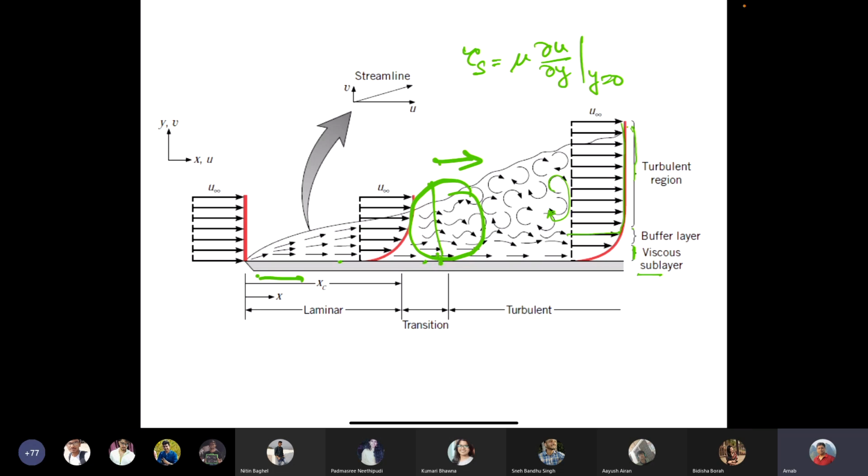Now we know that in the viscous sublayer the transport is dominated by diffusion and the velocity profile is mostly linear. Now in the buffer zone, the diffusion and turbulent mixing are of comparable order of magnitude, and in the turbulent region, turbulent mixing is the dominant mode of transport.